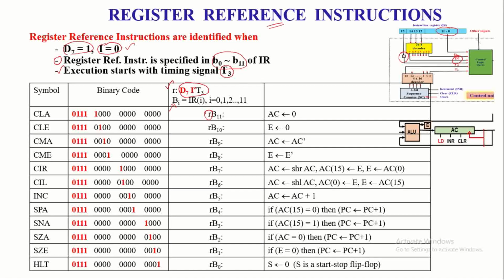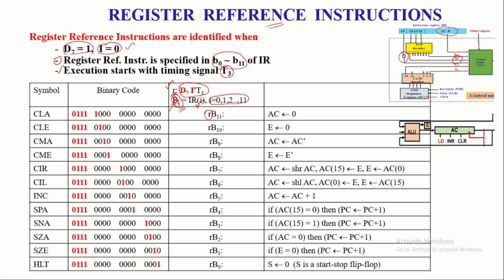It depends on the bit values present in the 0 to 11th bits of the instruction register. So the bit that is set can be represented using the symbol B followed by that particular bit. Based on the bit values, the register reference instruction performs a particular operation.